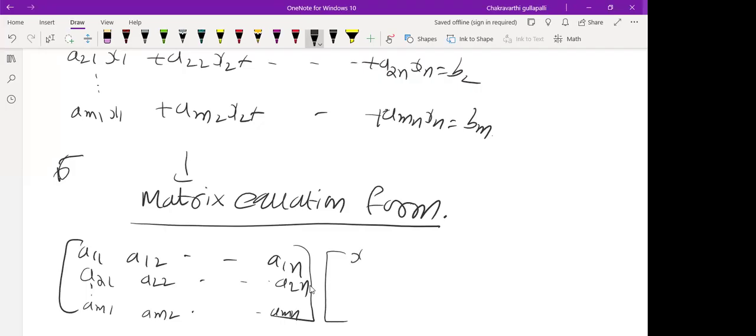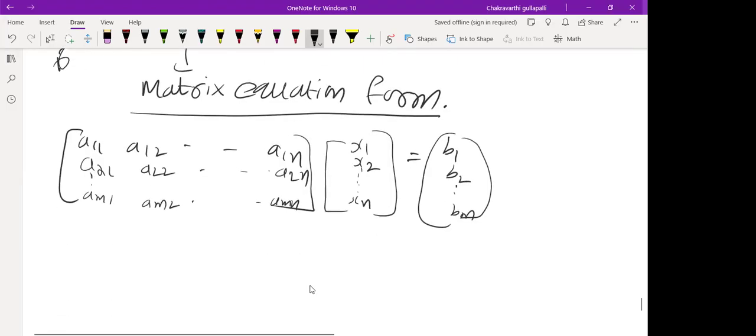So this is in which form? Ax equal to b. This is called the matrix equation.